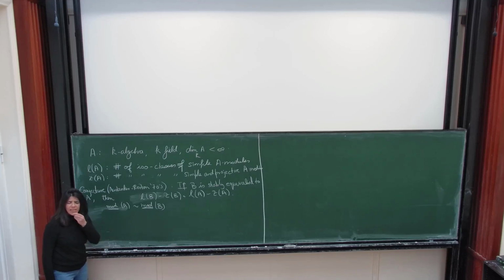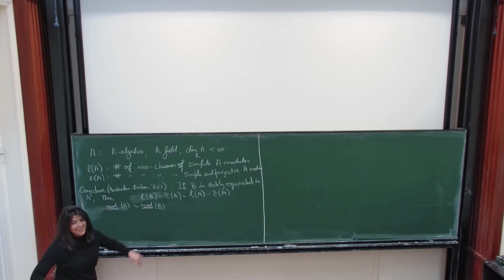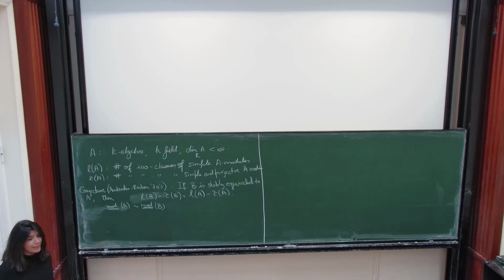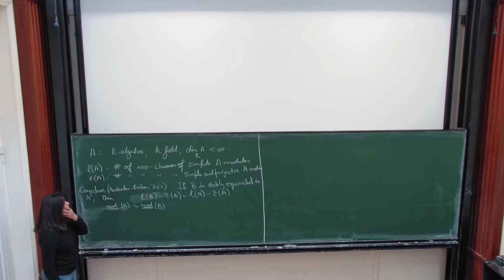I don't know if the conjecture asks for equivalence as triangulated categories. You have to assume that A is Frobenius. Yeah, sorry, I'm always thinking of self-injective. When A is self-injective, then they are triangulated. Sorry, I knew I would make this mistake. All algebras are self-injective or symmetric.